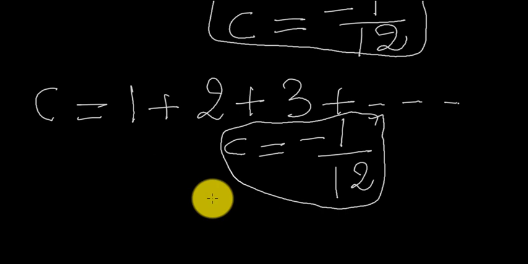In practical physics, in modern theories, when we have this sum and we replace it with minus 1 over 12, that's exactly what the experiments are showing. So in the real world, when we replace it with minus 1 over 12, our calculations are right based on experiments.